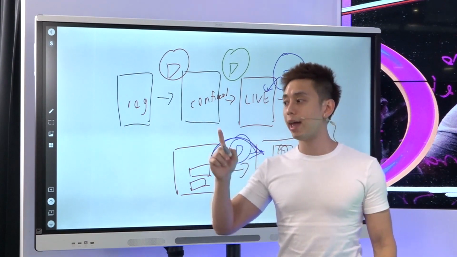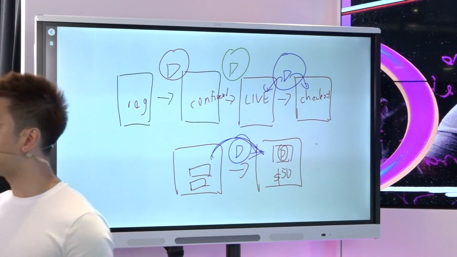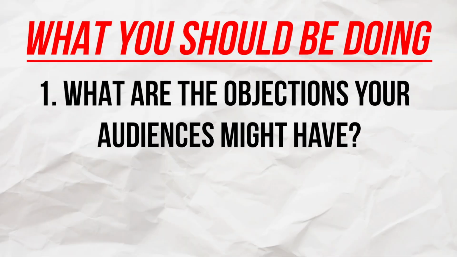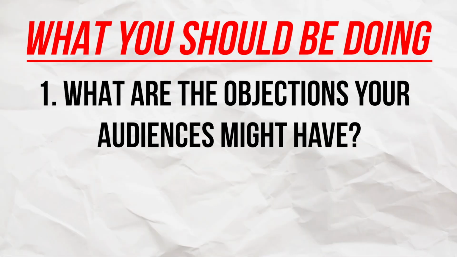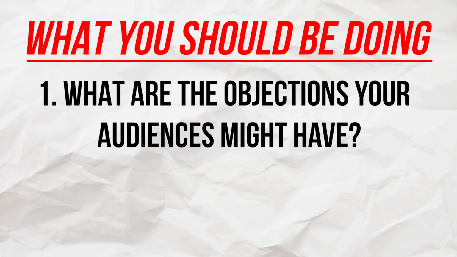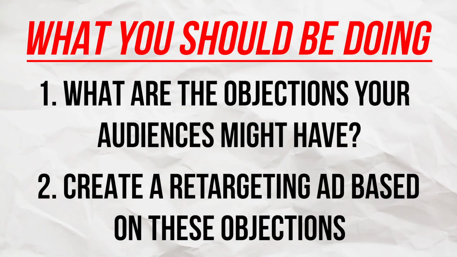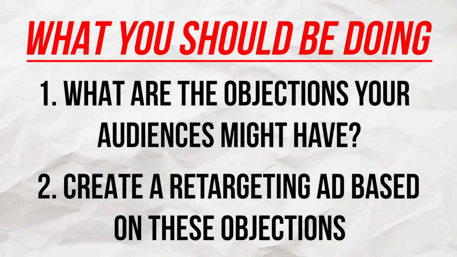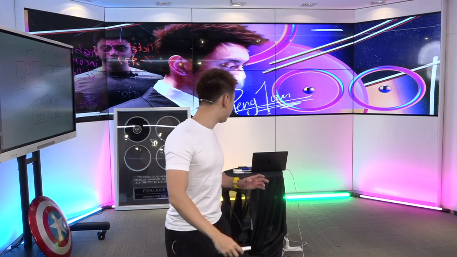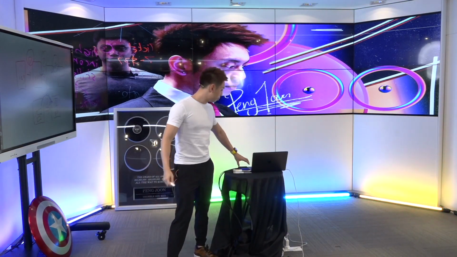So what you want to be doing is to think about what are the different objections your audiences might have with regards to that next step that you want them to do, and create a retargeting ad based on these objections and kind of rotate them. So think about what they are, and notice how that video wasn't like some professionally done video.